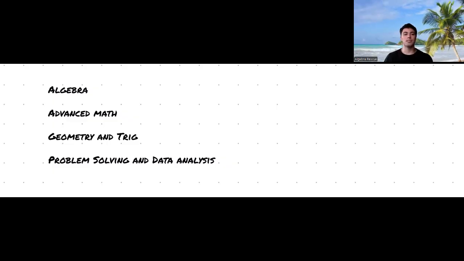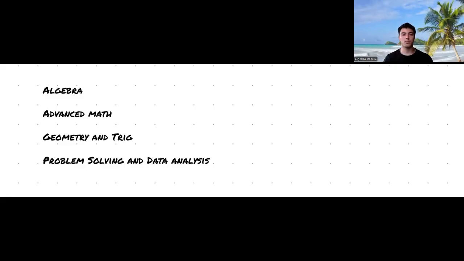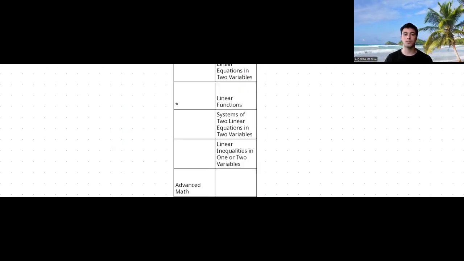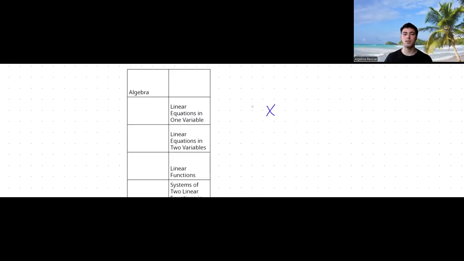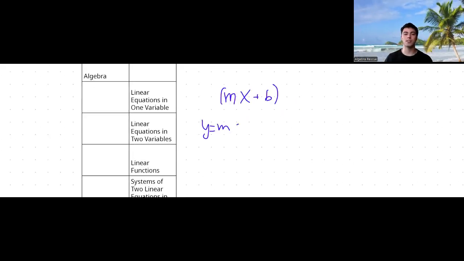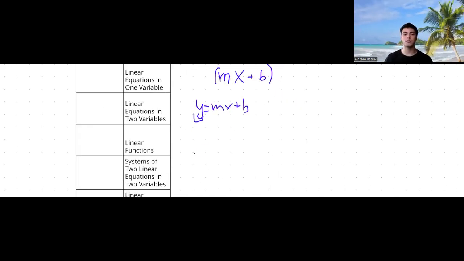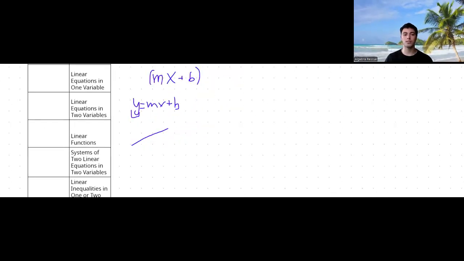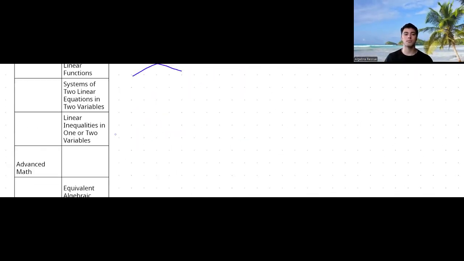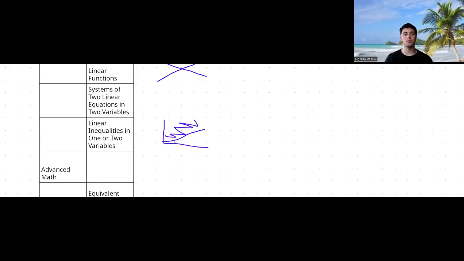So let's go further into detail on algebra, trigonometry, all of these. So we said we have these 4 subjects to work on. As far as algebra, there's really only 4 topics here. Linear equations in 1 and 2 variables, linear functions, systems of 2 linear equations, 2 variables, and linear inequalities.